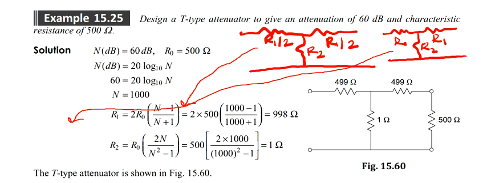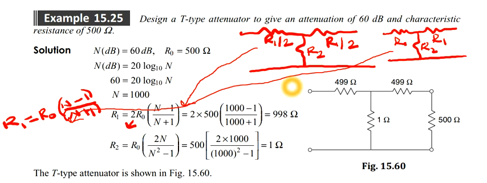So for that kind of circuit, R1 will be equal to R0 into n minus 1 by n plus 1. So this particular 2 will not be there if you consider the circuit of just R1.